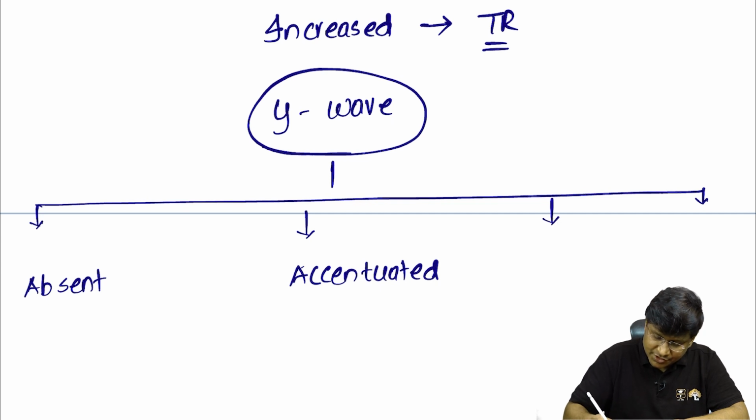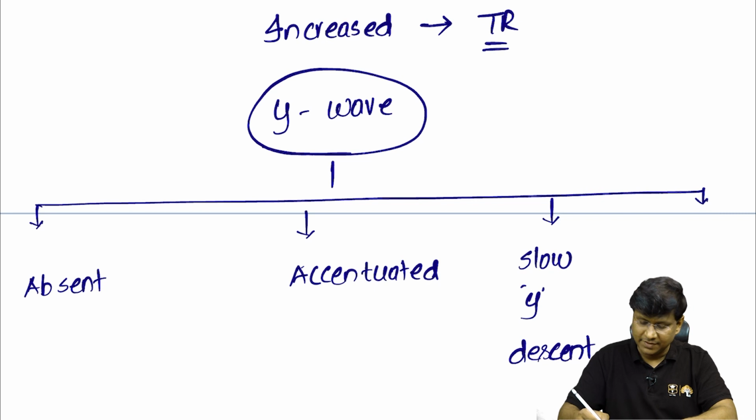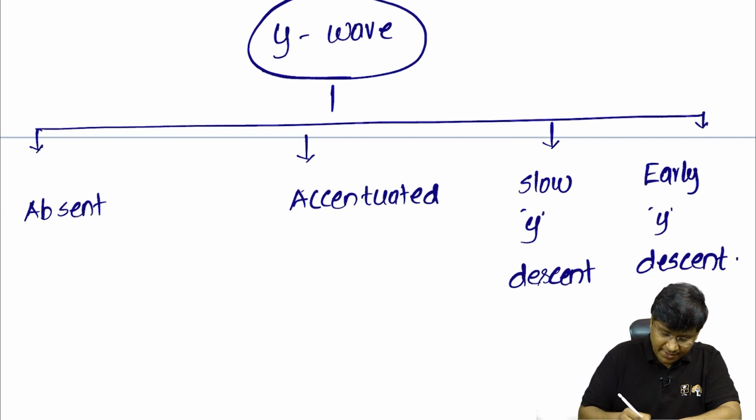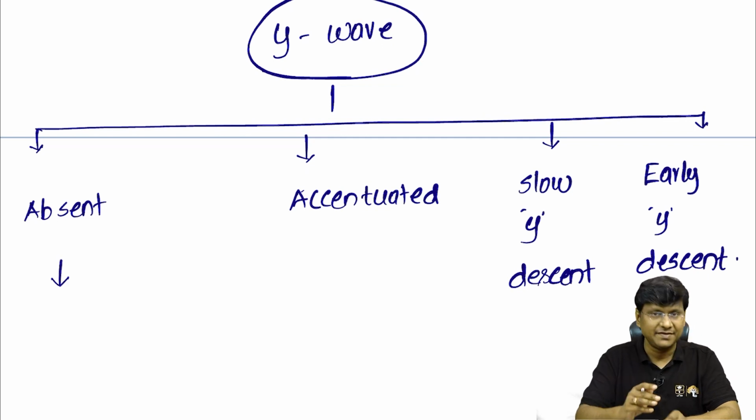And there are certain conditions where you have a slow Y descent, and there are certain clinical conditions where you have the early Y descent. So now you take the conditions where the Y wave is absent.